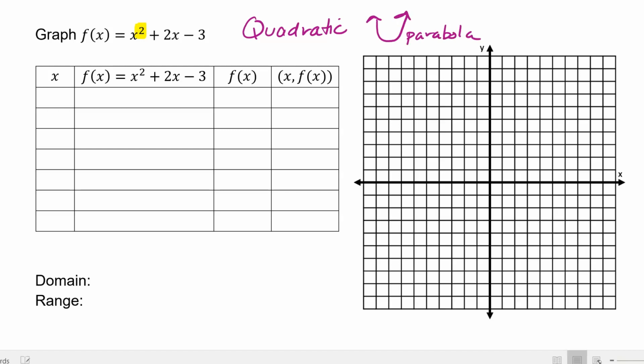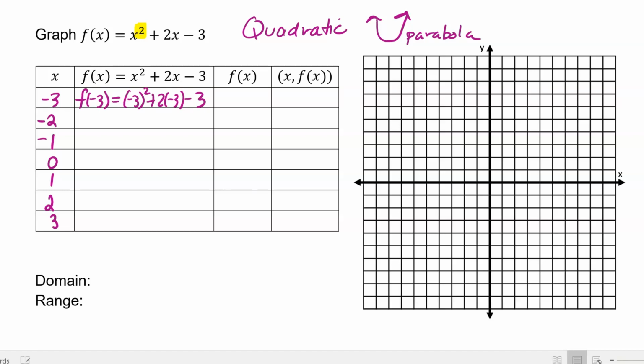So we can try -3, -2, -1, 0, 1, 2, 3. Now I'm going to help you with -3, and what I want you to do is pause the video and try the others. So we're going to plug in -3 here. That's -3 squared plus 2 times -3 minus 3.